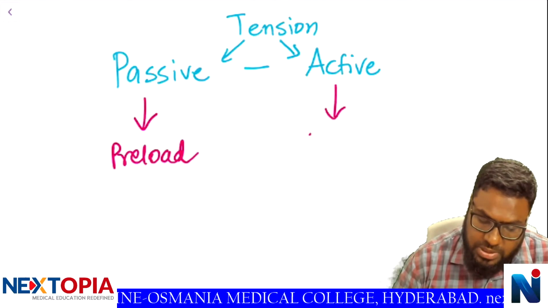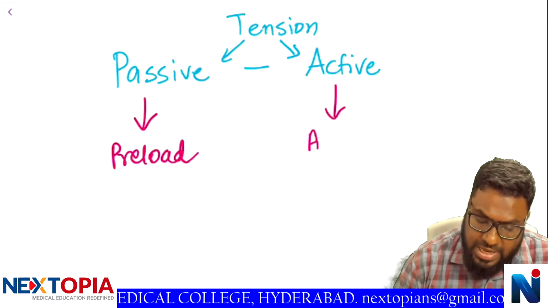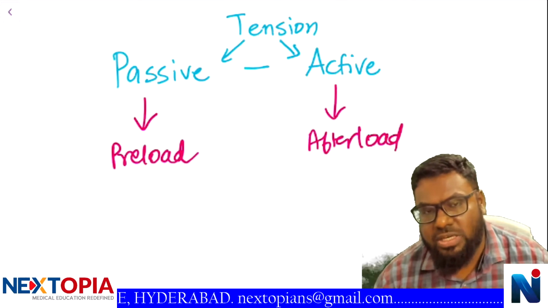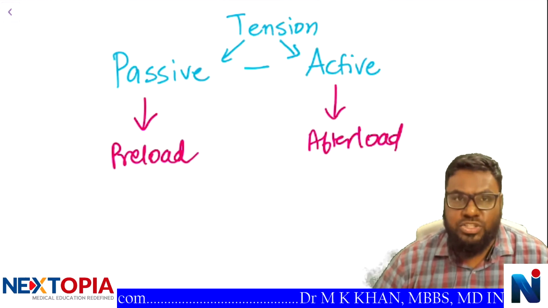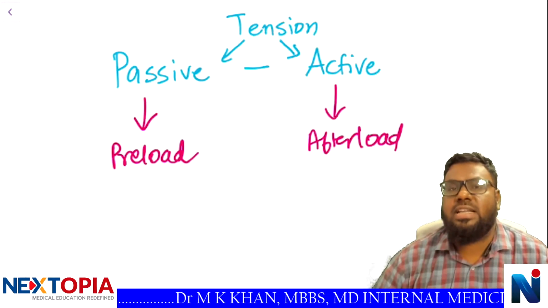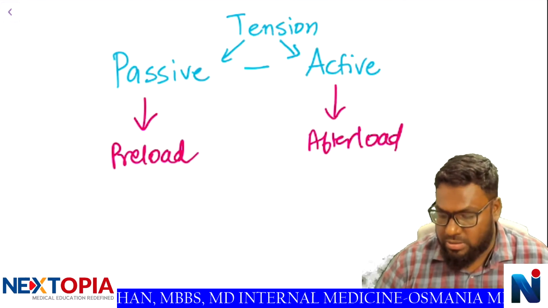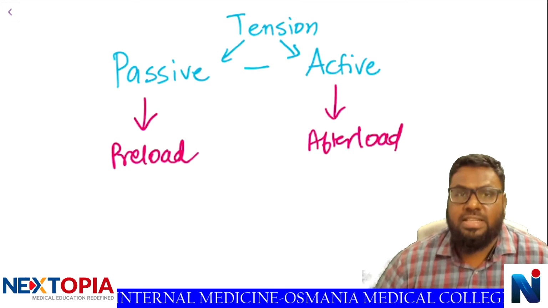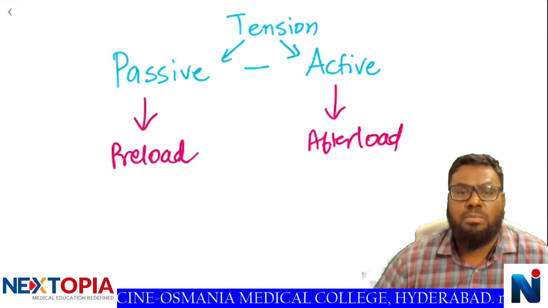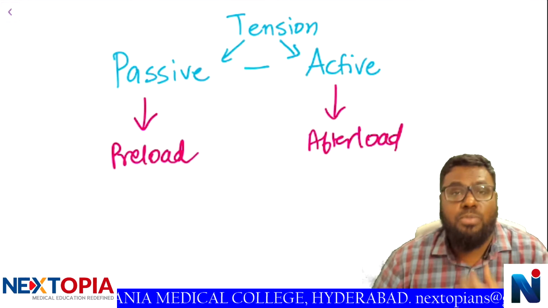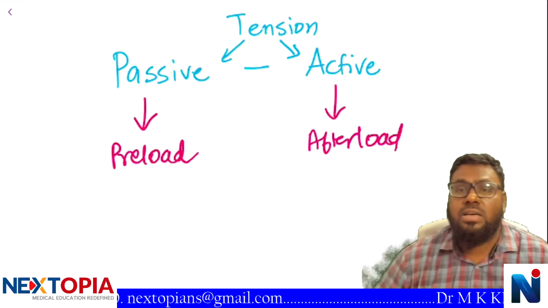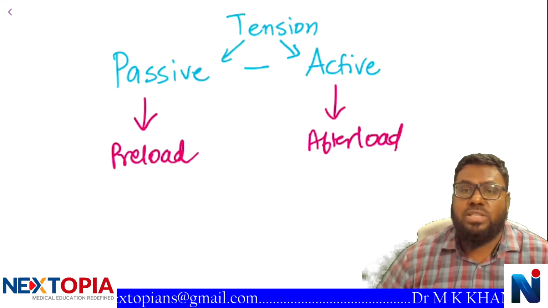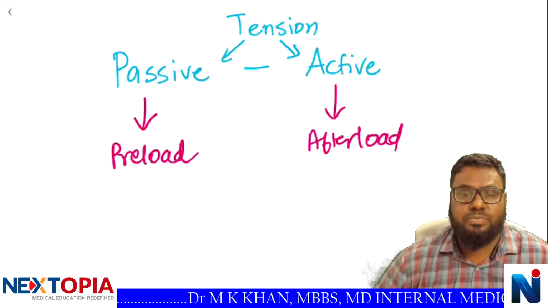So afterload can result in isotonic contraction or isometric contraction. The preload can result in a stretch and a passive tension, that is the elasticity determined by the elasticity of the muscle fiber. So these are the important muscle mechanics you need to understand before you understand the passive tension curve and the active tension curve.